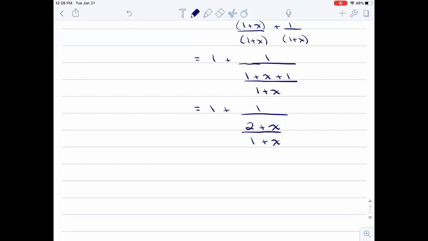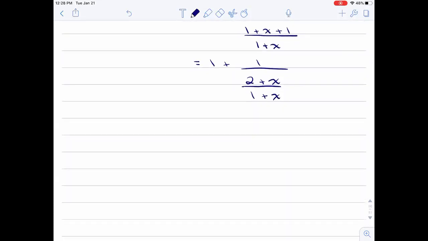Okay. Now, 1 over 2 plus x over 1 plus x, I can rewrite 1 as 1 over 1, and then I've got 1 over 1 over 2 plus x over 1 plus x. That's a fraction over a fraction. So now I can flip and multiply. And so that's the same as 1 plus, and here's where I'm rewriting 1 over 1 over 2 plus x over 1 plus x.